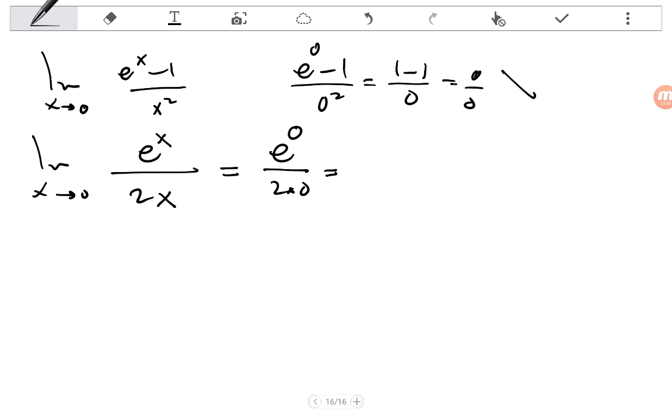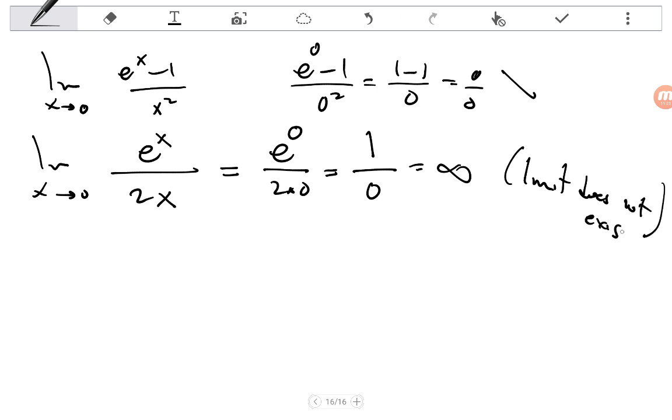E power 0 is 1. 2 times 0 is 0. What is this number? 1 over 0? It is infinity, yes. So whenever I have a case where the result is infinity or negative infinity, we say that the limit does not exist. Okay, or I say it approaches infinity.